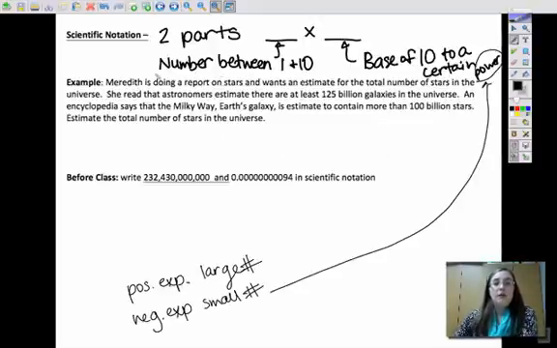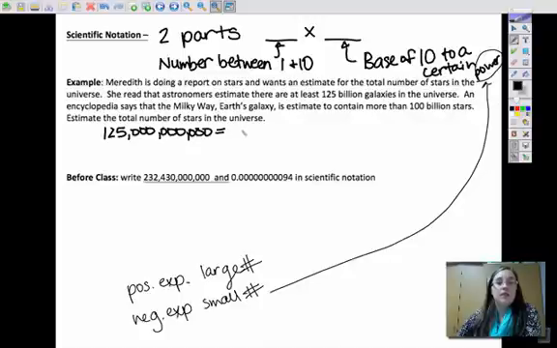So we've got an example here. Meredith is doing a report on stars and wants to estimate the total number of stars in the universe. There are 125 billion galaxies, and the Milky Way contains 100 billion stars. So we're actually thinking about 125 billion multiplied by 100 billion. 125 billion looks something like this.